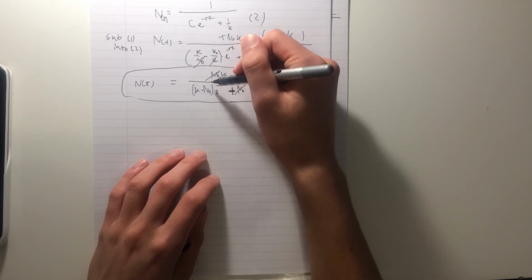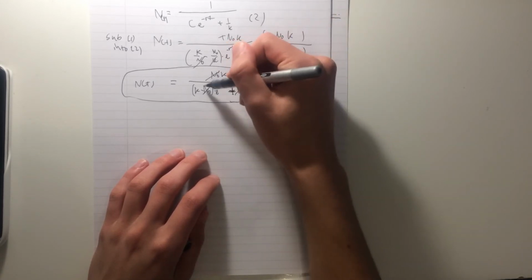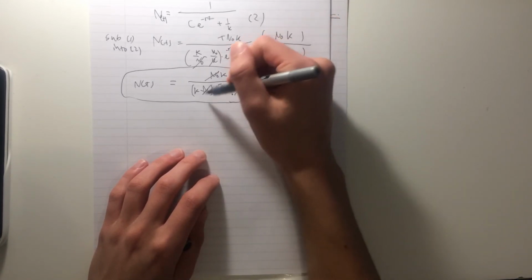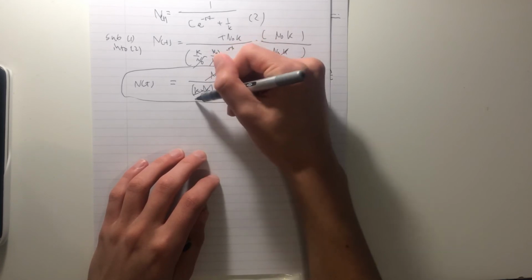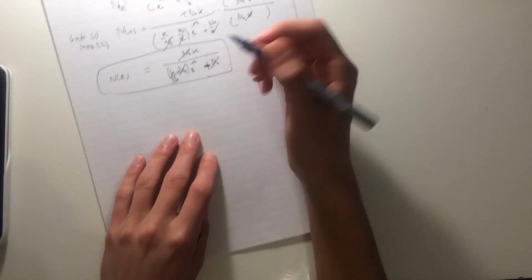So you can actually go on and write this as, dividing this, removing this n0, and then writing k over n0.